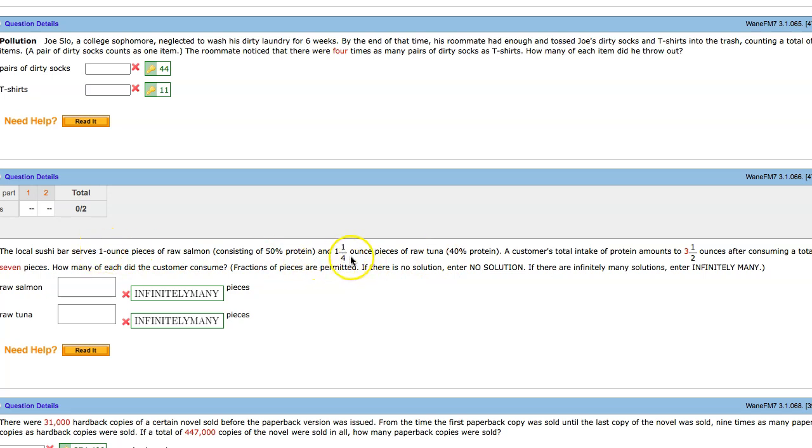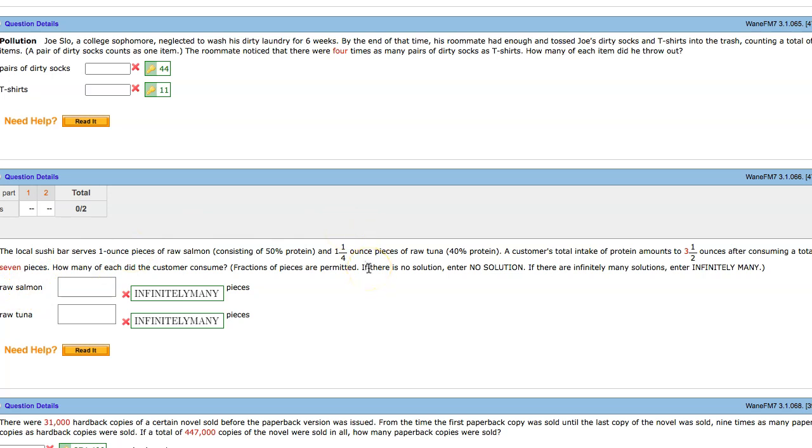What I said was true earlier, but I don't know if it's useful. As far as protein goes, let's do pieces first. That would be a whole lot easier. x plus y equals 7.